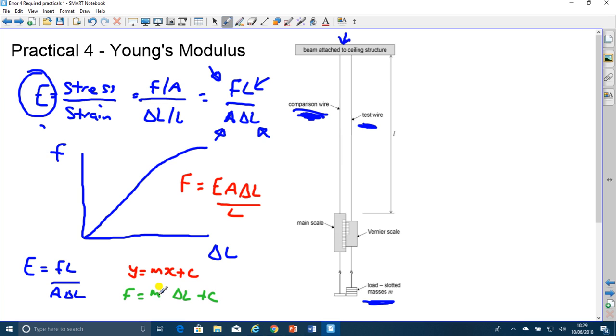So what would our gradient be here? So we can see then our gradient, so F is proportional to delta L, but EA over L would be our gradient. So M, the gradient is E A over L.